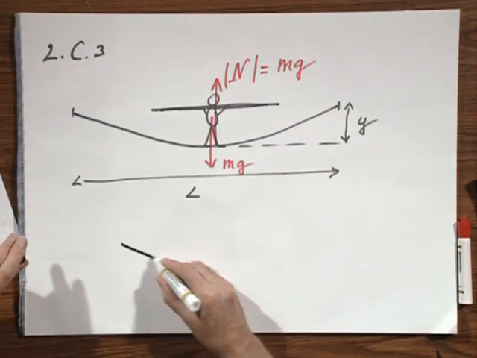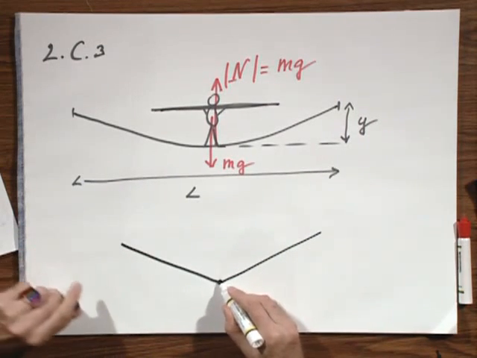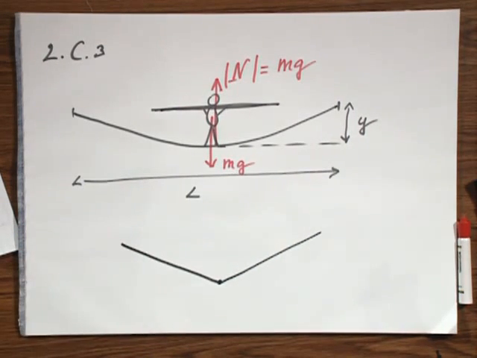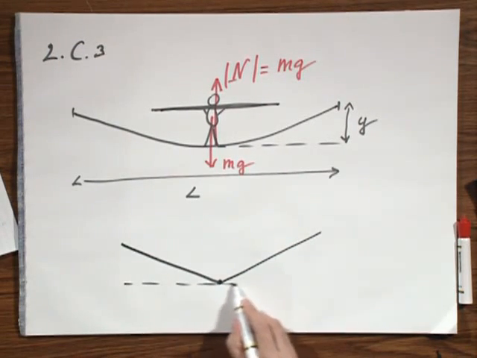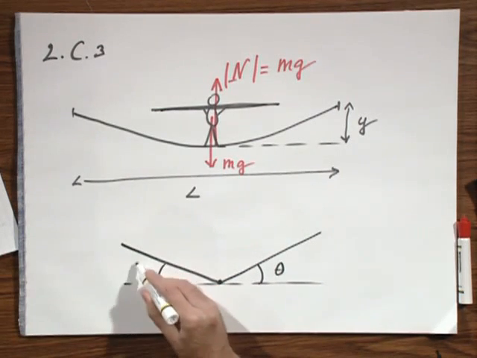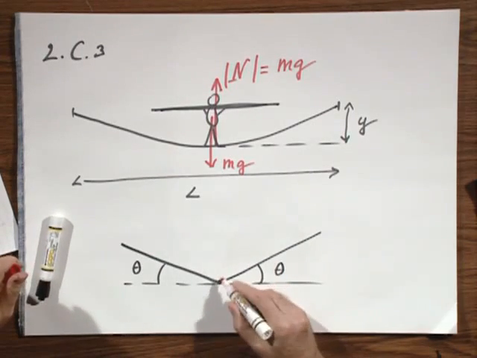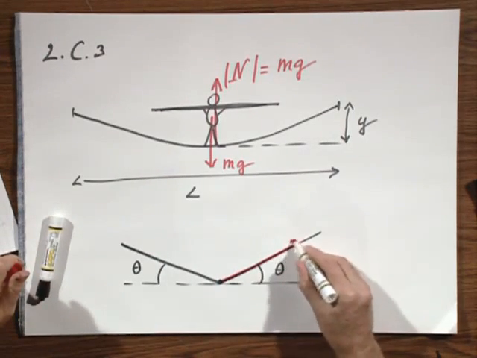Now let me simplify the rope a little bit. This is the position where the walker stands, and let the angle here be theta, and this angle also be theta. And so there is a tension in this rope pulling to the right.